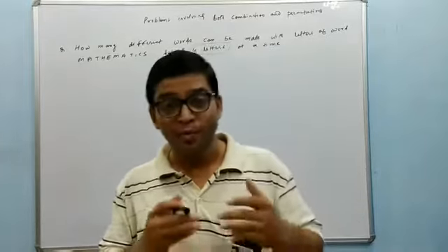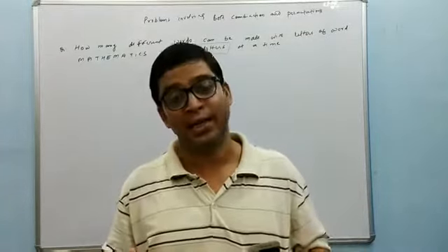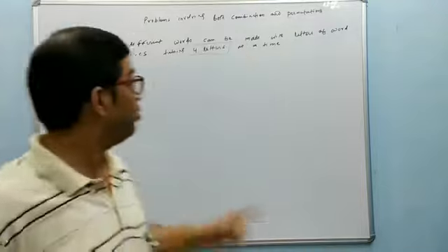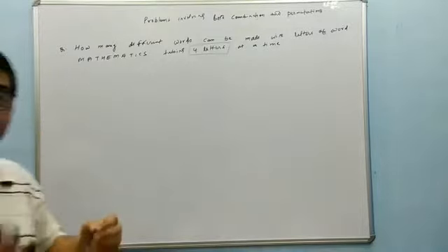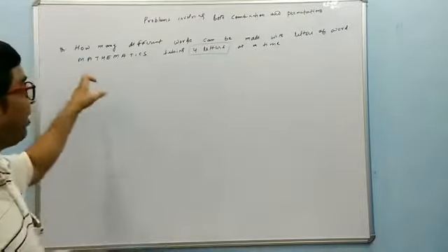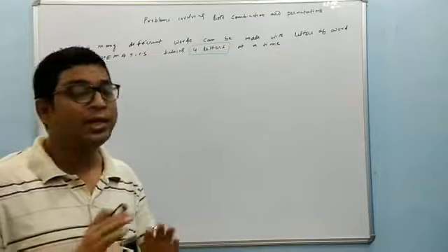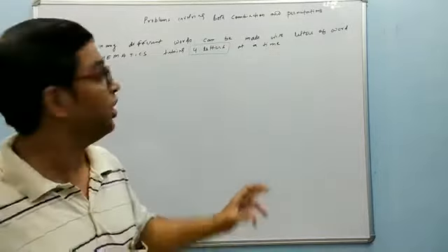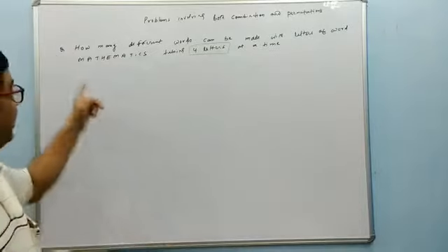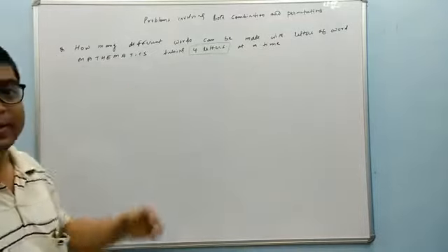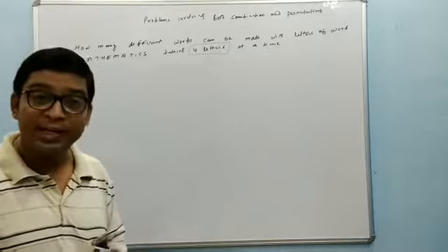Earlier what we did, we were selecting all the things at a time. So see here the question, the representative question is different words are made with the letters of word mathematics taking 4 letters at a time. If we take all the letters at a time, that is not a problem, very simple question. But we have to take 4 letters at a time, and in the word mathematics certain letters are repeating itself.